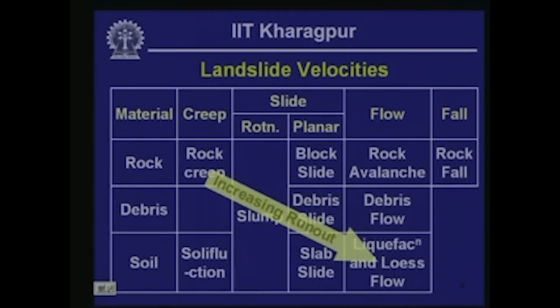Then if we consider the run out distance, or the distance to which the unstable mass is likely to travel, the run out distance actually increases as we go from left again to the right of this particular table. So, the run out is going to be much larger in case of liquefaction flow, loess flow or mud flow.